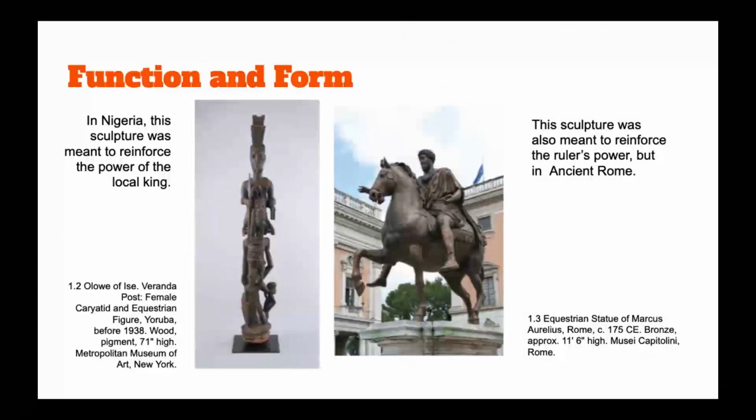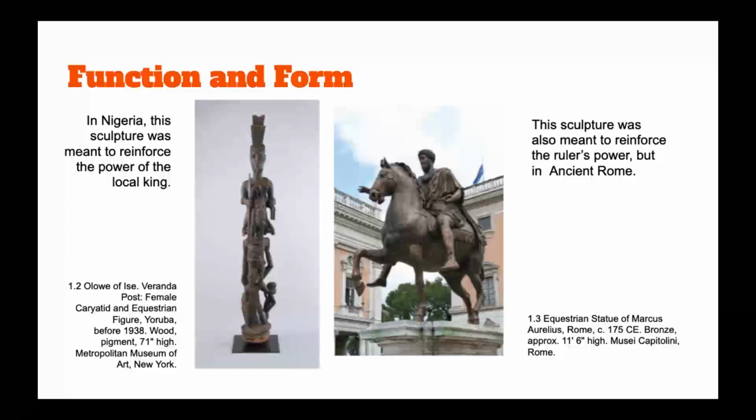The difference can also be, if you look on the left, the other sculpture is made out of wood. It's made out of common materials. It's relatively small. The figures themselves are a lot more abstracted and a lot more expressive. And another thing that's really interesting is how it's used. It's made out of wood, right?